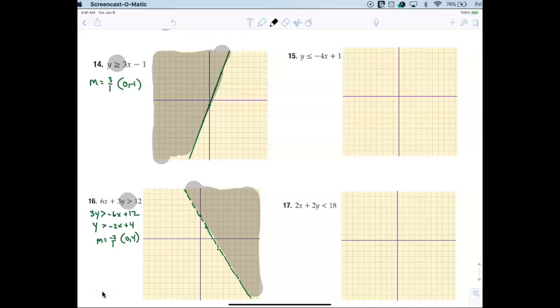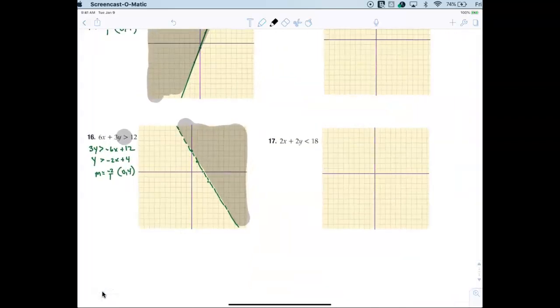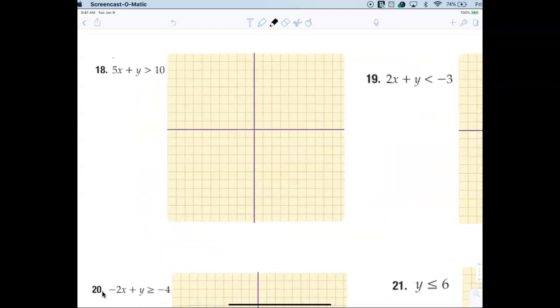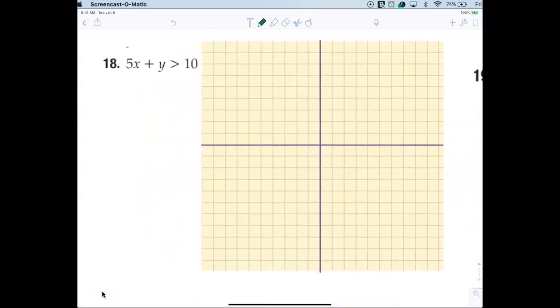All right, let's take a look at 18. All I have to do on 18 is do what? Put the 5x on the other side. Yes. So y is greater than negative 5x. Then the slope is negative 5x.